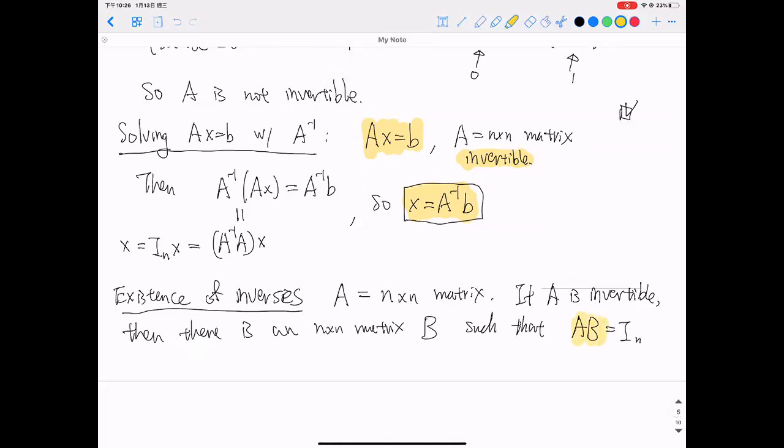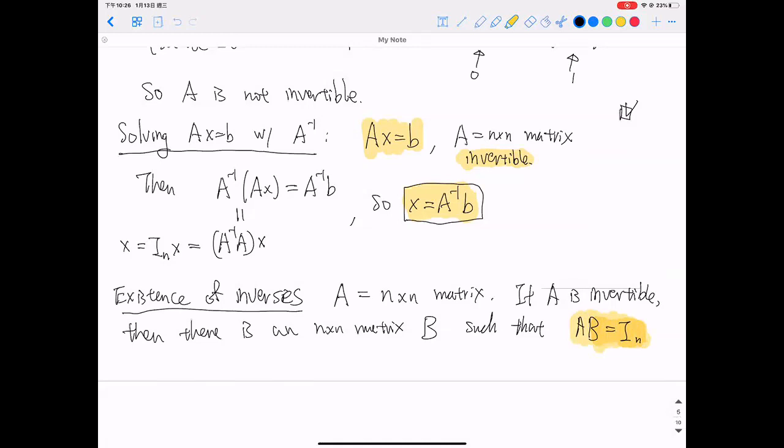B is then the inverse of A, and this equation here is one of the required properties of being an inverse.